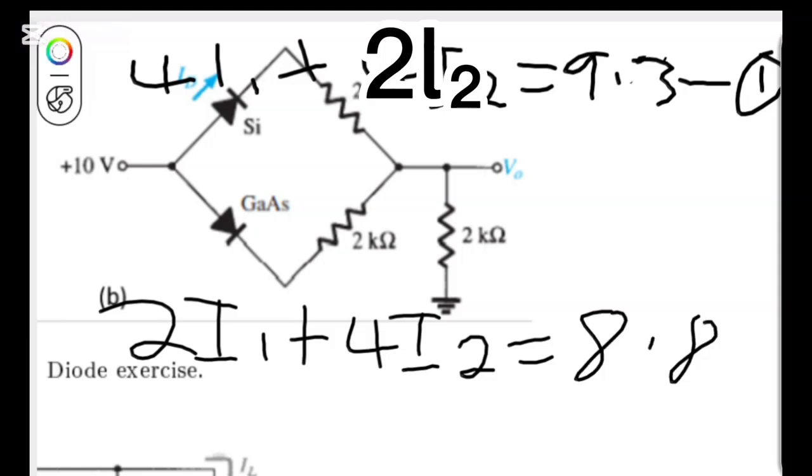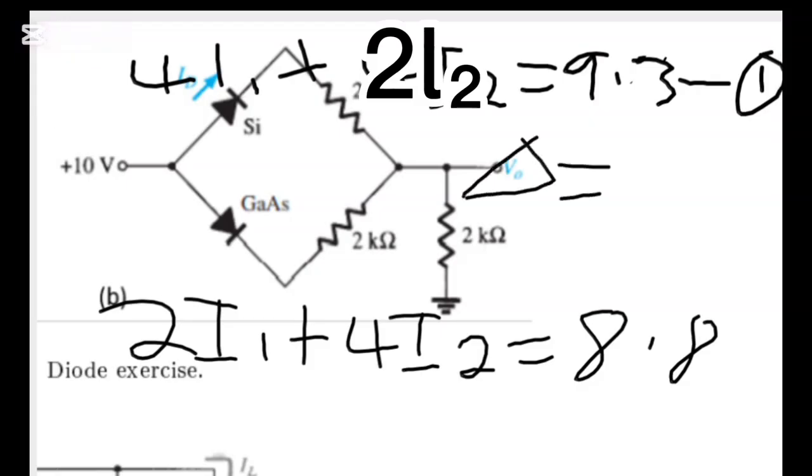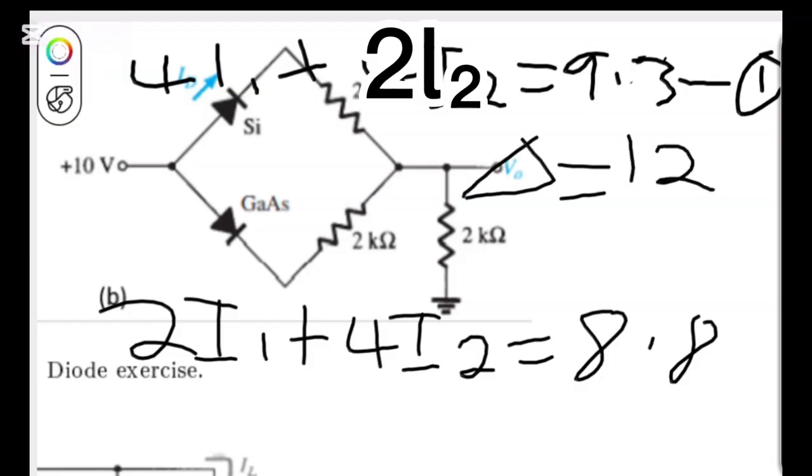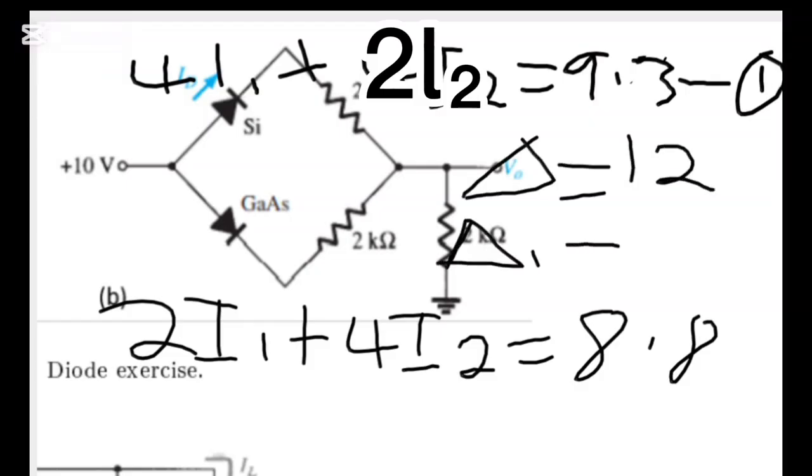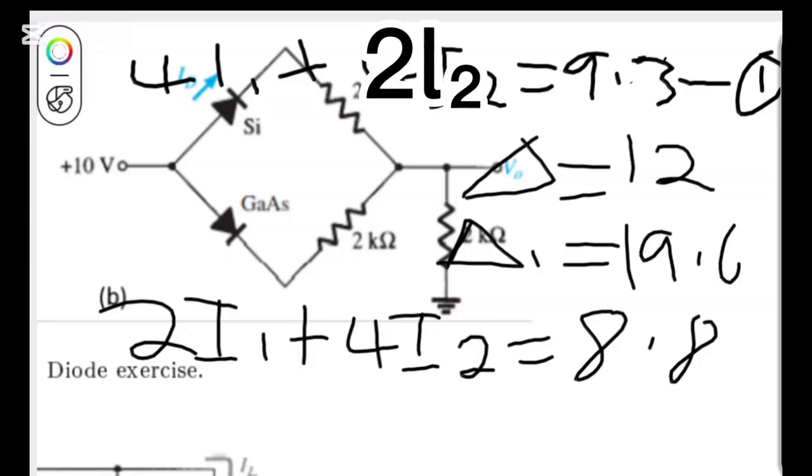So guys, you can use Cramer's rule, and also you can use the substitution method. After then, you are going to find I1. If I use Cramer's rule, I already found the value of delta as 12, and delta 1, after putting the output in the first column, I get 19.6.